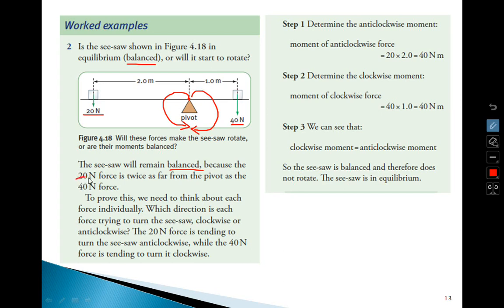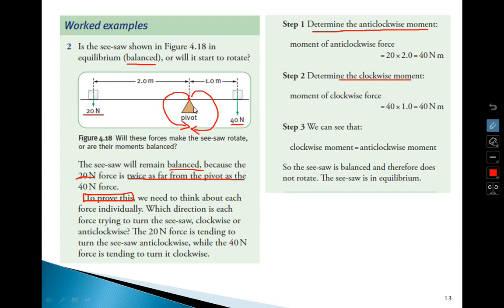Because the 20 Newton force is twice as far from the pivot as the 40 Newton force. But we need to prove that by calculation. We need to determine the anti-clockwise moment and the clockwise moment and compare the result of each one. So to prove that, we need to think about each force, clockwise and anti-clockwise, individually.